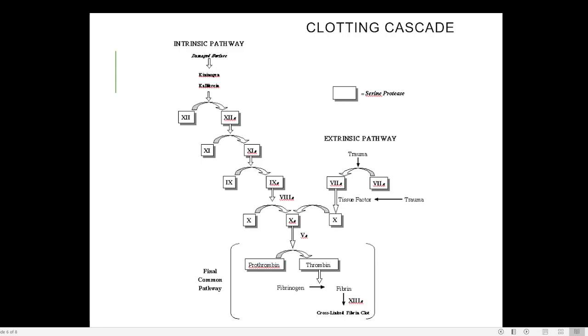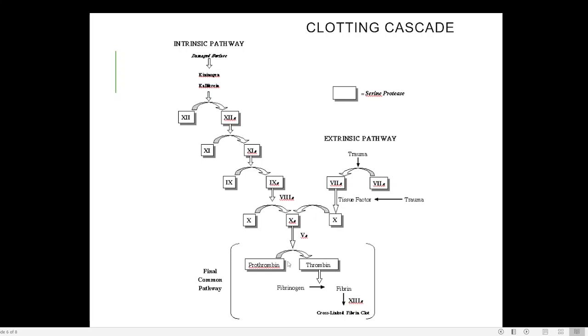So that is how clotting actually takes place. Here you can also find another picture of fibrinogen getting converted into fibrin threads. So this is how clotting normally takes place.